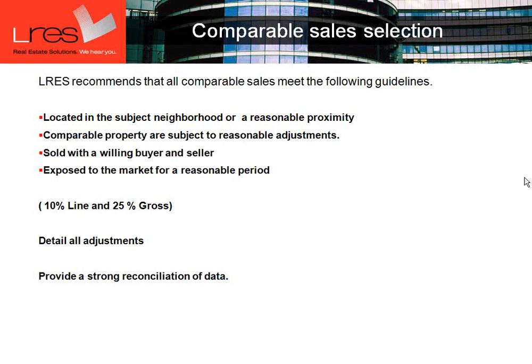Each comparable should be sold between a willing buyer and seller. Normally, if the property is listed on MLS, that's going to satisfy that requirement. Sheriff sales should not be utilized. Sheriff sales are pretty much an auction type sale, so you don't have a willing buyer and seller. All comps must be exposed to the market for a reasonable period of time.